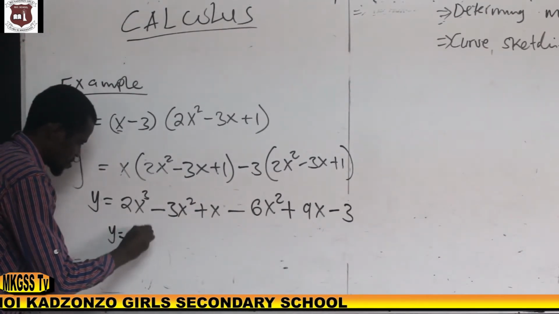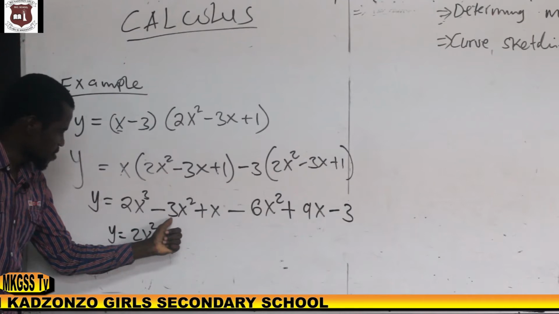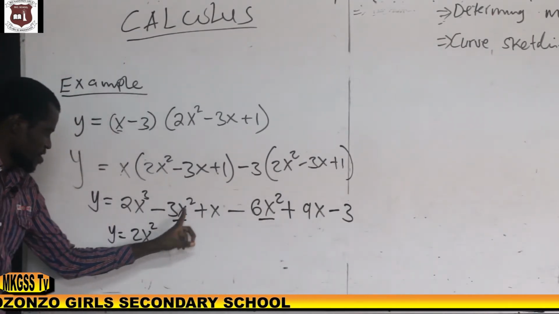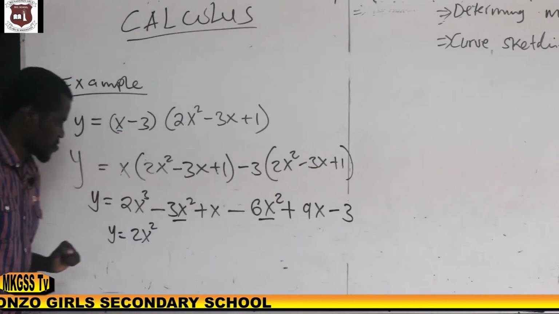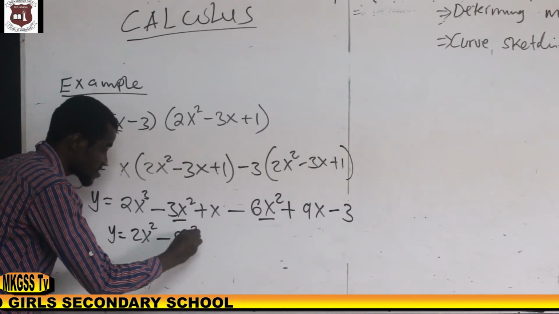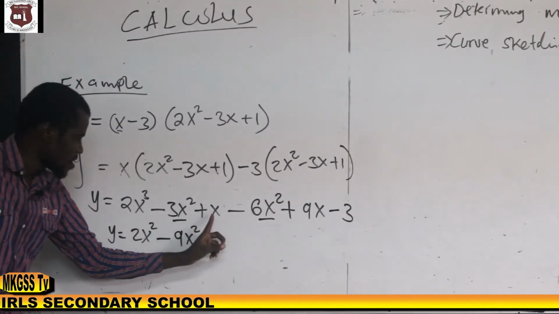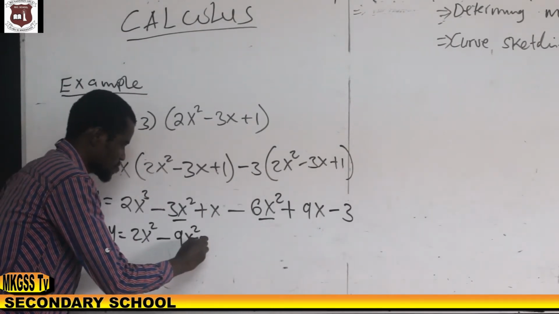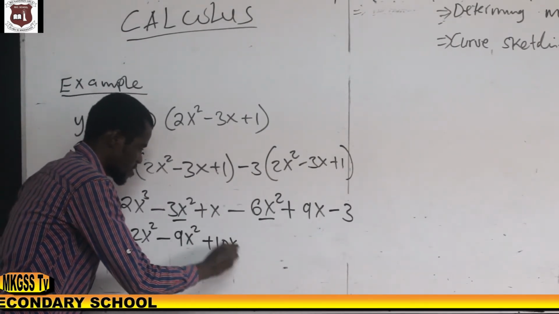So it means therefore you will have, let's collect the like terms together. Here we have 2x cubed, then we have this and that, -3x squared, -6x squared, that is -9x squared. I have x plus 9x, that one gives you 10x.